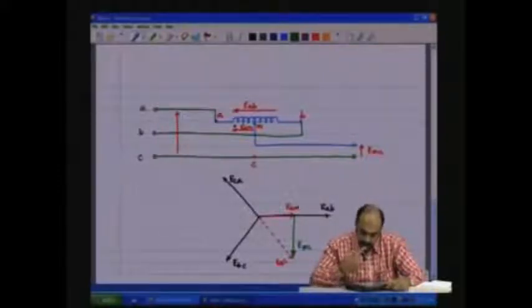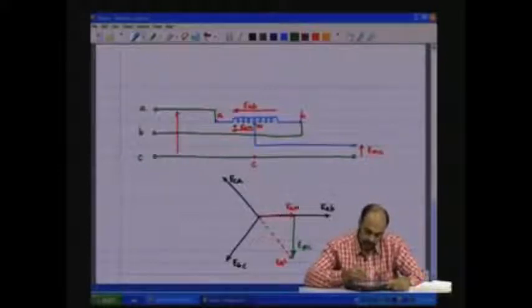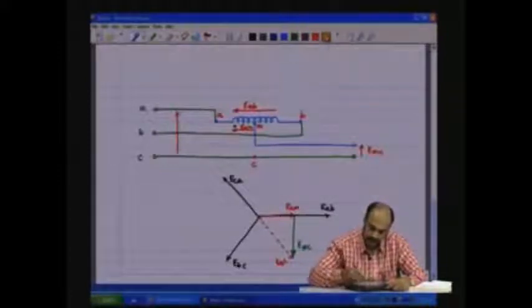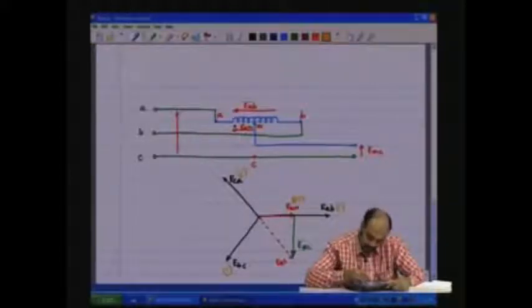So, if we see here the value of EMC, if this is 1 unit phasor, this will be 0.5 unit phasor, and this is also 1 in amplitude.